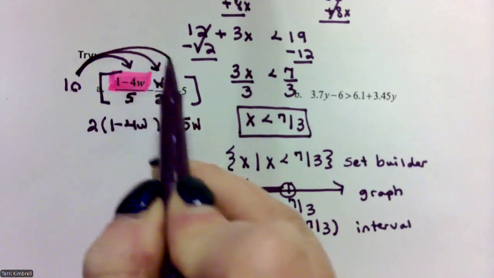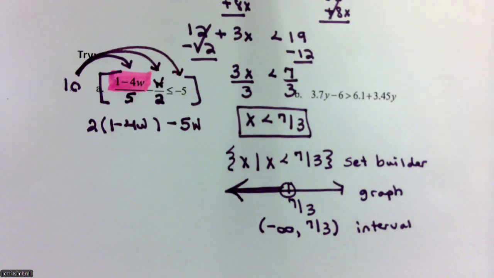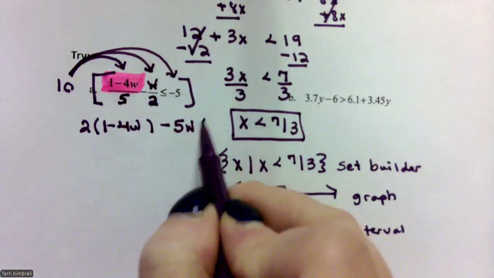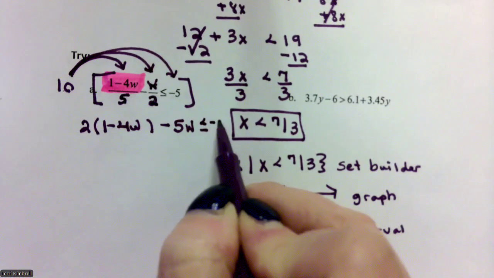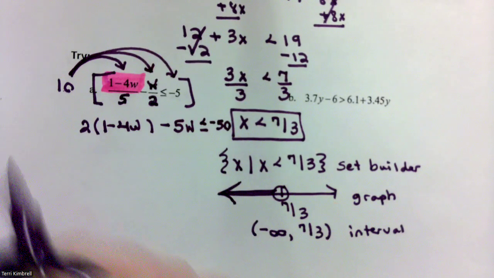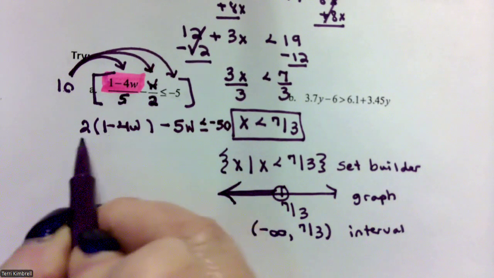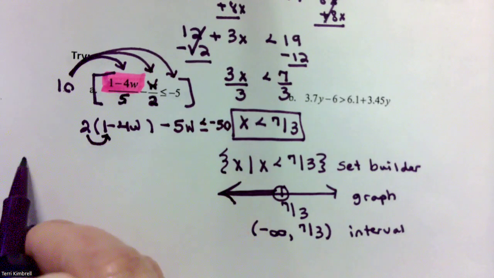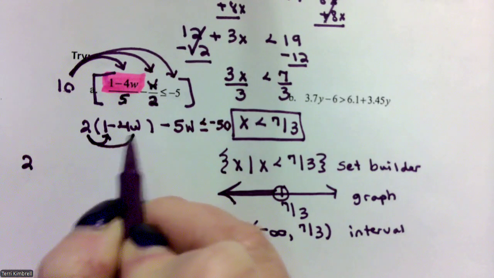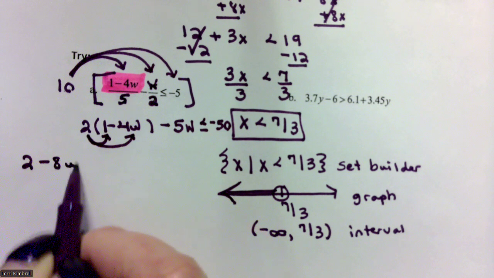And then the last one I distribute that to is the one across on the right side. And that is just 10 times negative 5, which is negative 50. So after that, we've got rid of the fraction. We're going to distribute. So that's going to be a negative 8w.